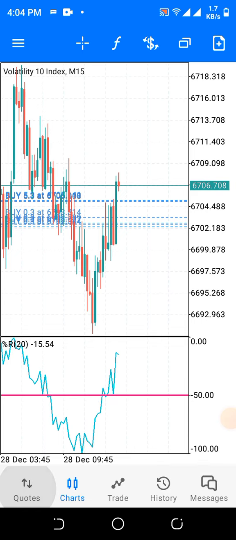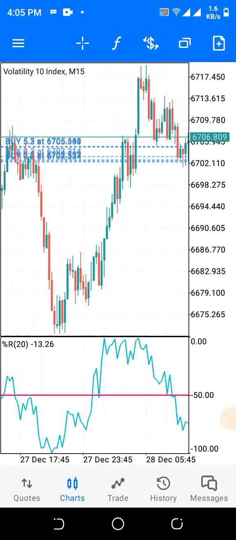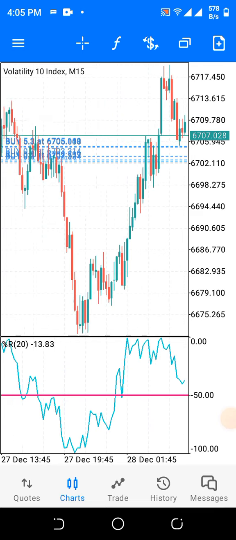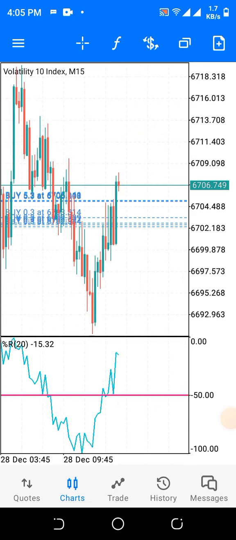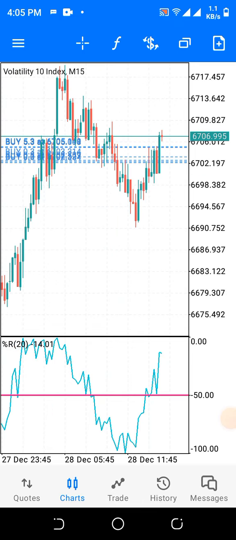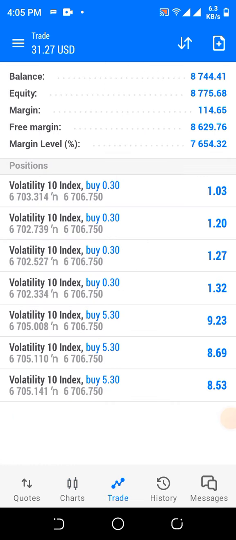That is the reason why I am on buy on volatility 10 index. This is the only strategy you need to trade volatility 10 index and make massive profits.